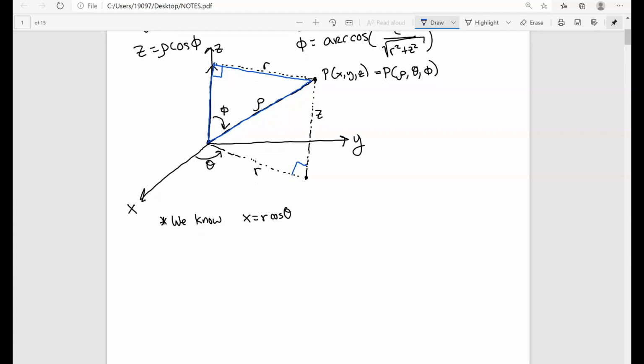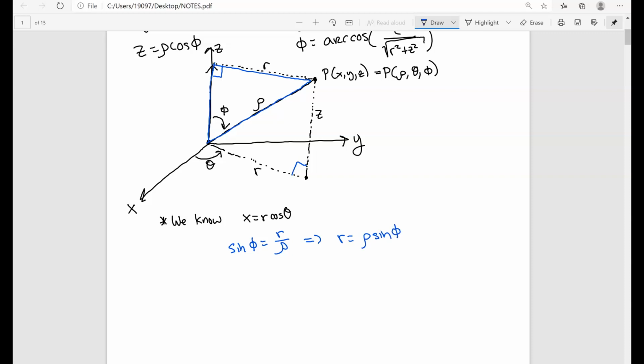So you're going to see that sine of phi is going to be r over rho. And if I express this a little bit better, you can see that r is equal to rho sine phi.